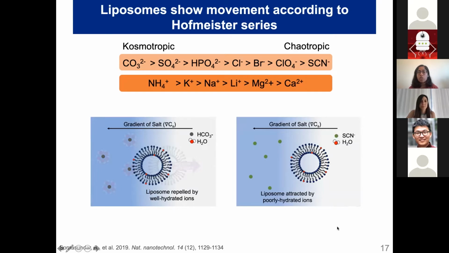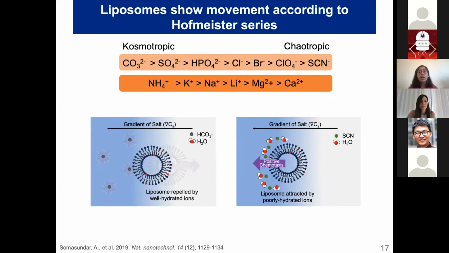Whereas salts such as thiocyanate have a poorer water structure around them and are able to be enriched at the lipid-water interface, propelling the vesicles towards higher concentration of the salt. So we believe that ion enrichment or depletion from the surface of the lipid-water interface makes it go in the positive or negative chemotactic direction.